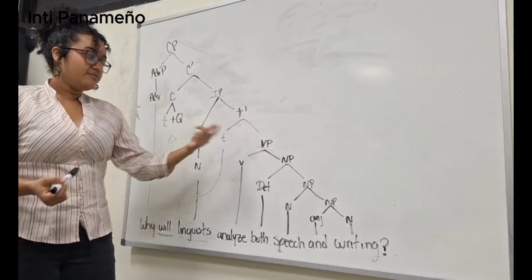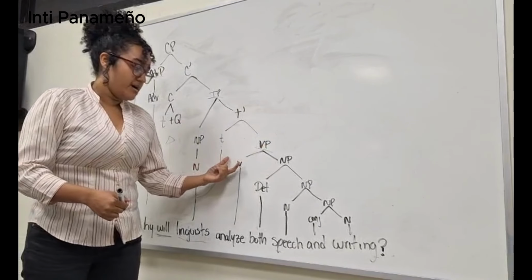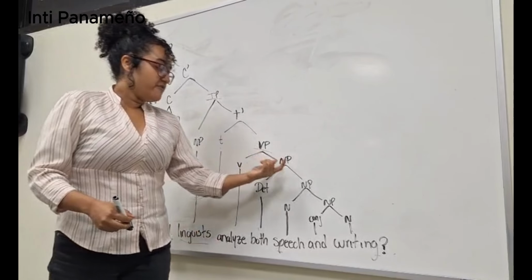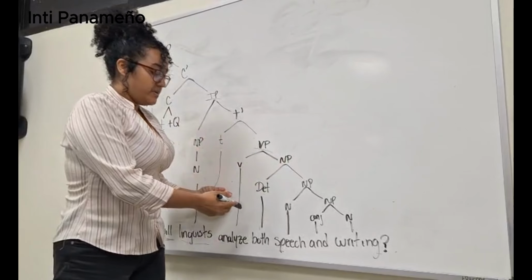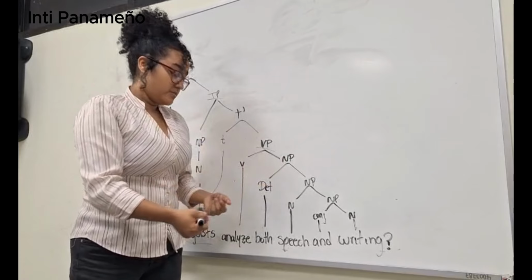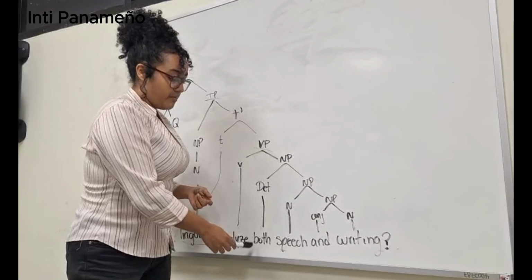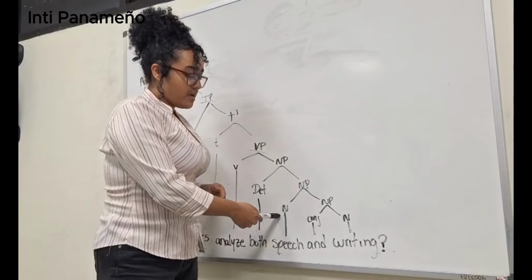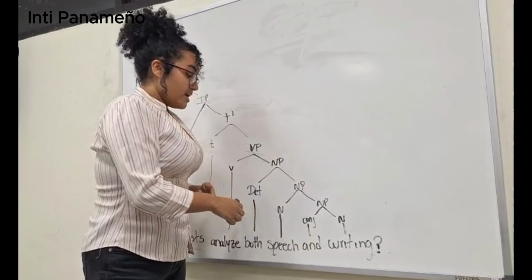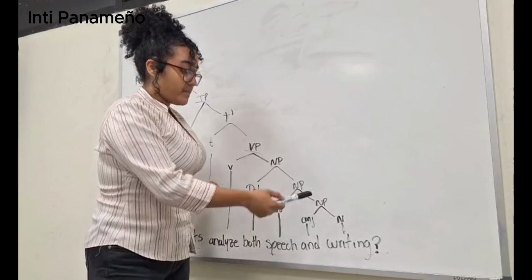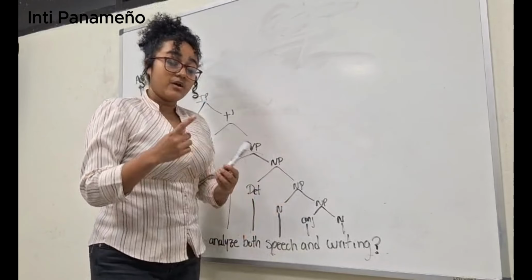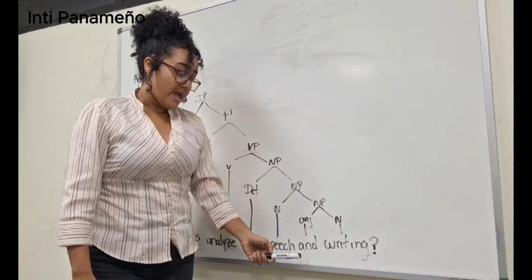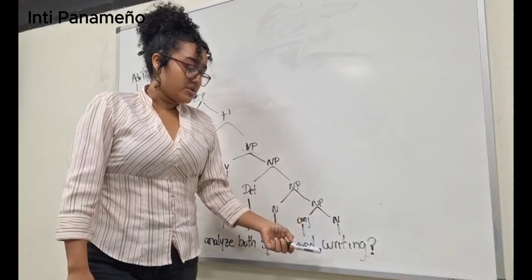We have that this verb phrase will be divided in a verb and in a noun phrase. The verb is analyze. The noun phrase is divided in a determiner and a noun phrase, where the determiner is both, and the noun phrase is divided also in a noun and another noun phrase, where the noun is speech, and the noun phrase is divided in a conjunction and a noun, where the conjunction is and, and the noun is writing.